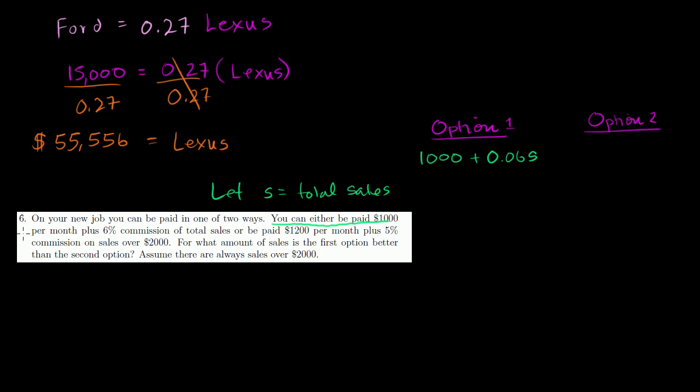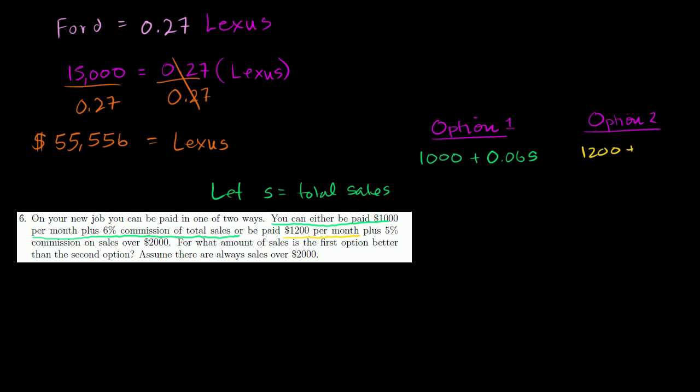And then option 2 is $1,200 per month, plus 5% commission on sales over $2,000.